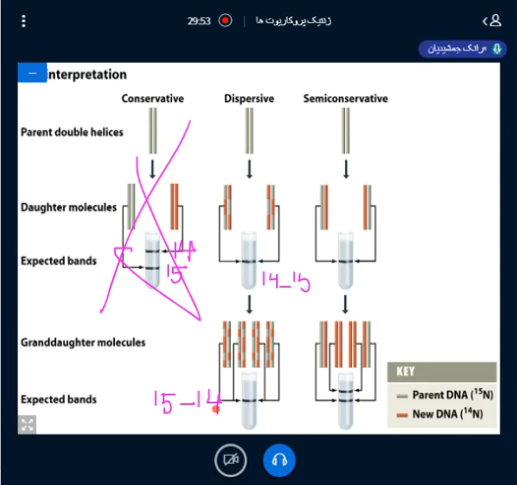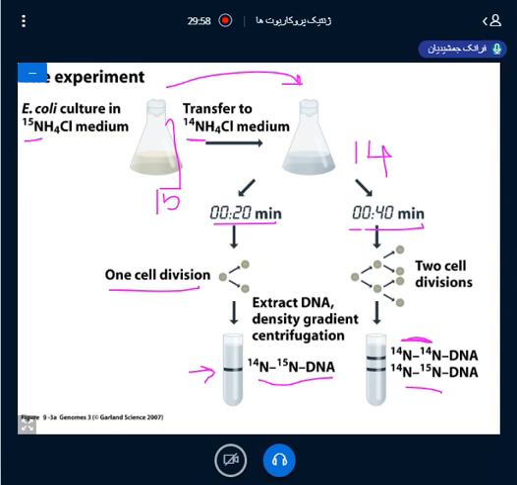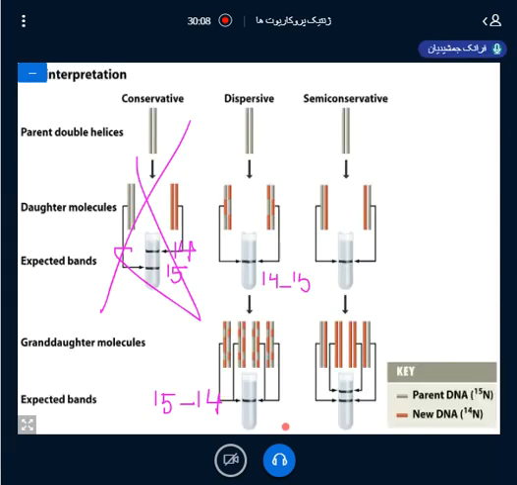Am I right? But how many bands did we see? Two. So, is it right? No. Yes, thank you. So the dispersive isn't correct either.